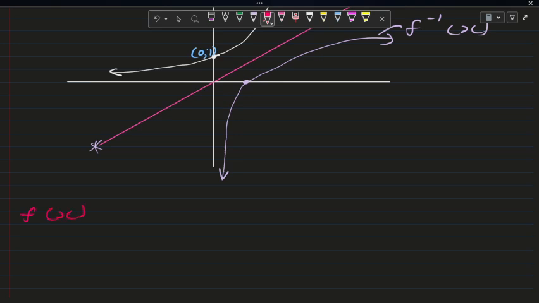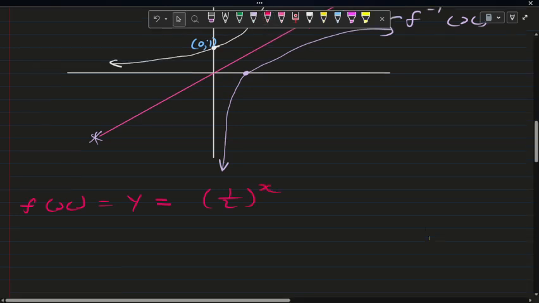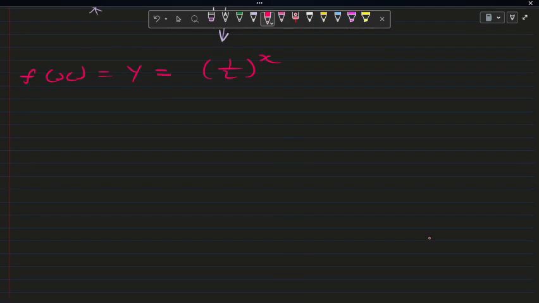So let's say f of x is equal to y, which is equal to a half raised to the power of x. Let's sketch this graph first.